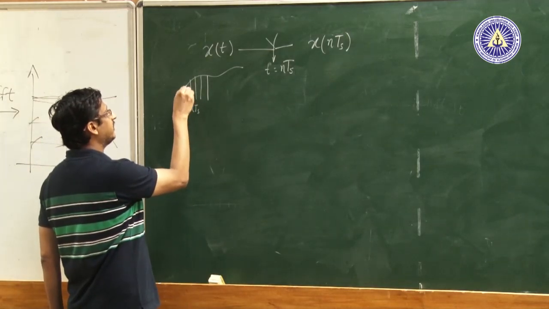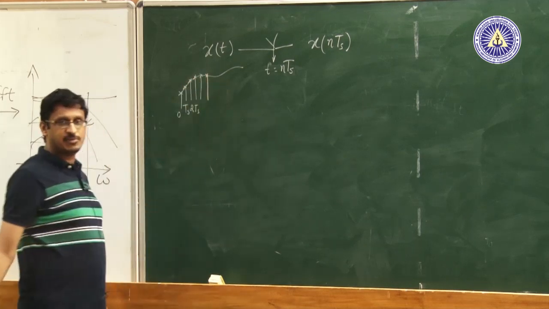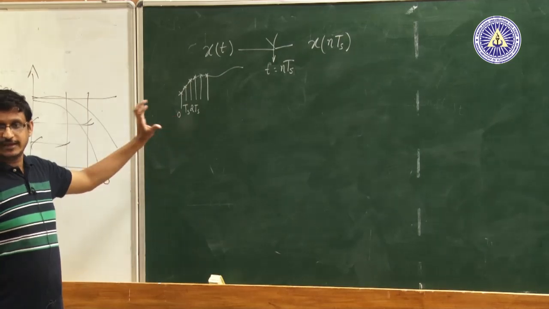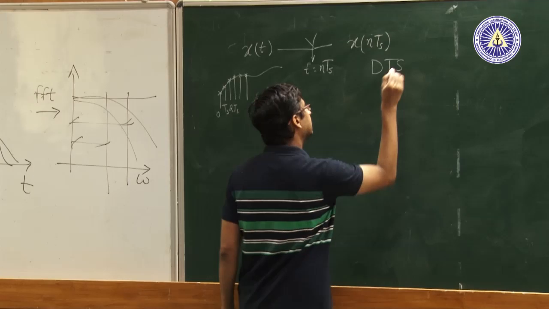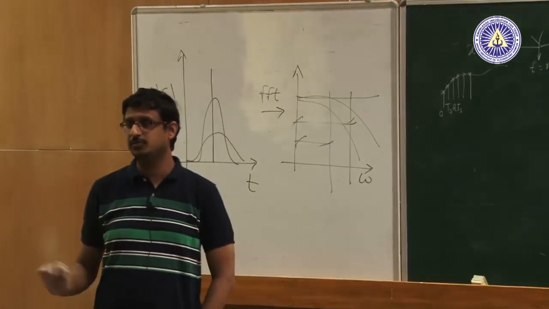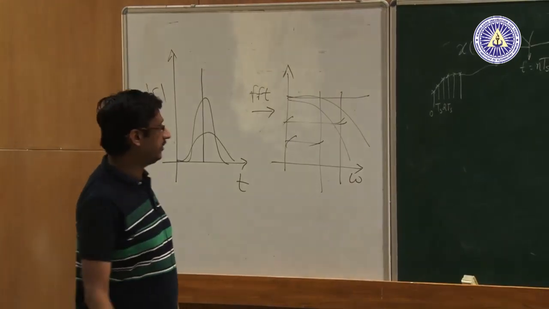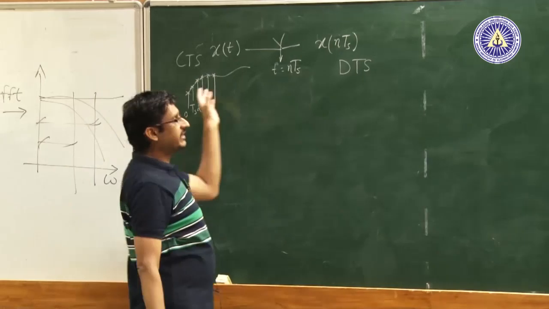Note down the values of x of t at these points, and construct either a table or a signal. This is called a discrete time signal, or sometimes a digital signal. There is a small difference between the two which we will not worry about. So, you have gone from a continuous time signal to a discrete time signal.